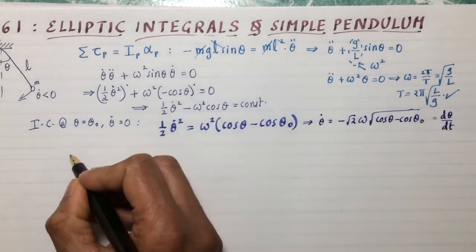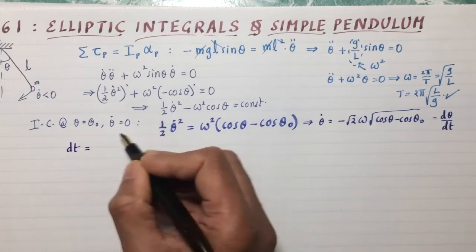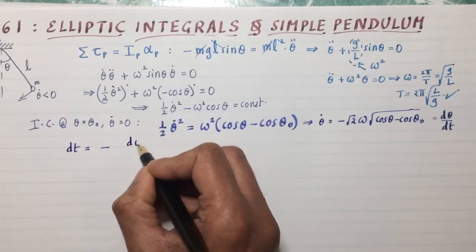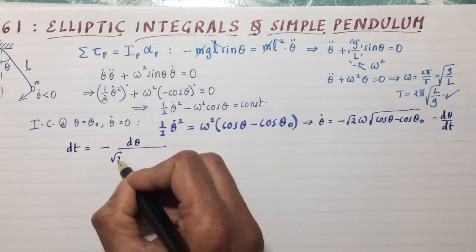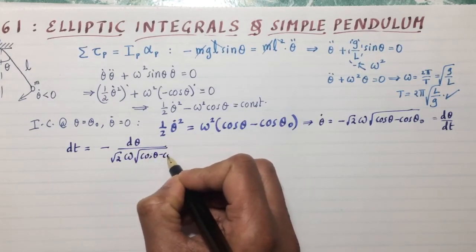So I can solve for dt next. dt is going to be negative d theta over this whole thing, root 2 omega square root of cosine theta minus cosine theta naught.